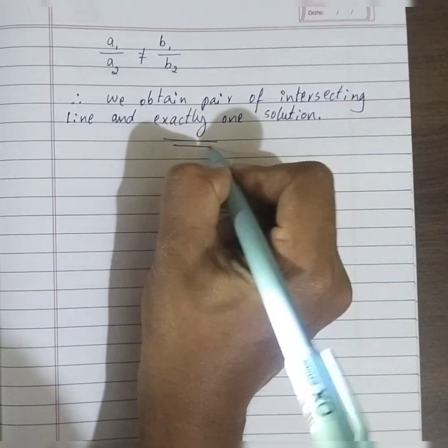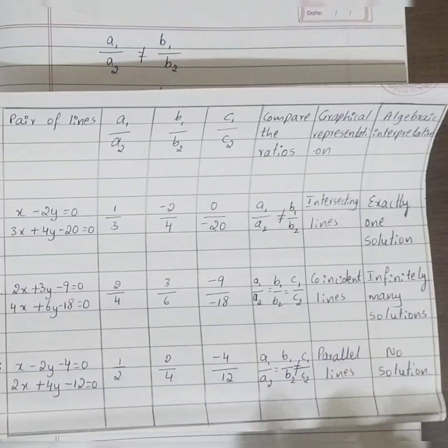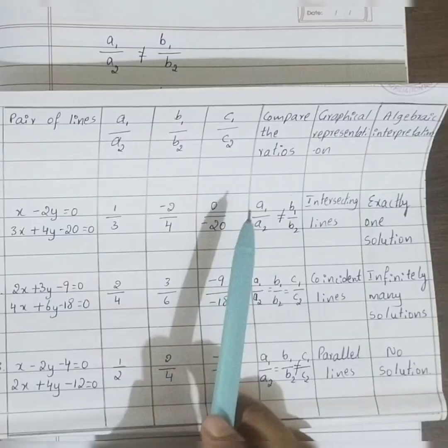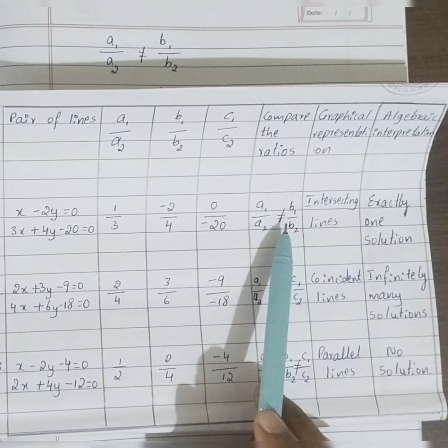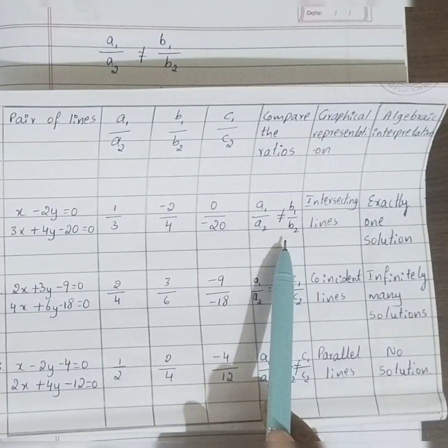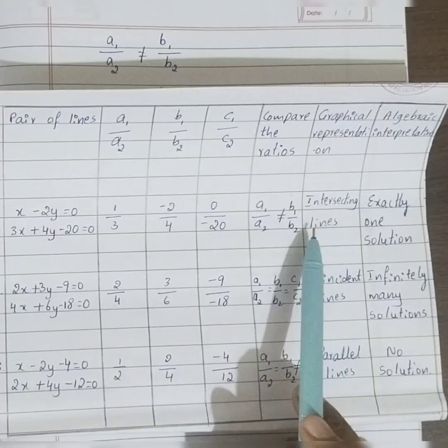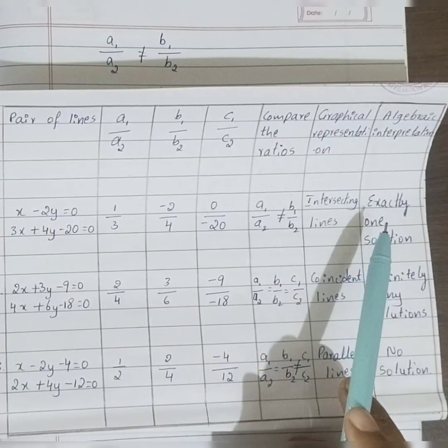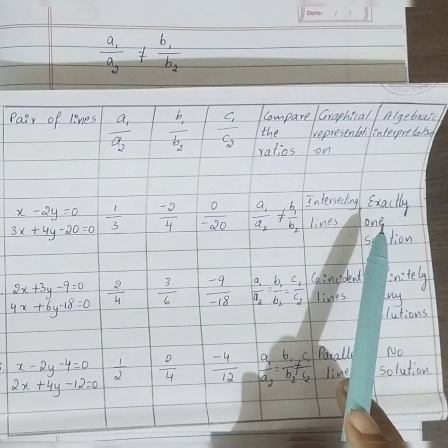We got the final answer from this table. If a1 divided by a2 is not equal to b1 divided by b2, we will get intersecting lines and exactly one solution.